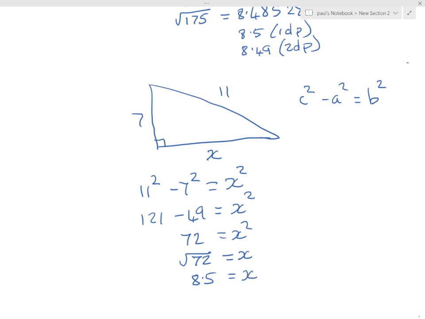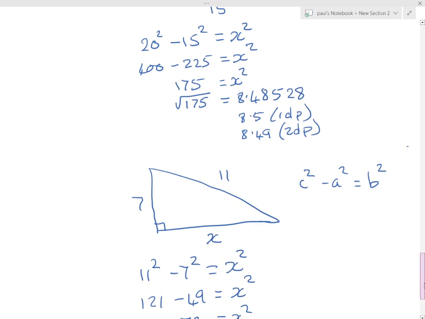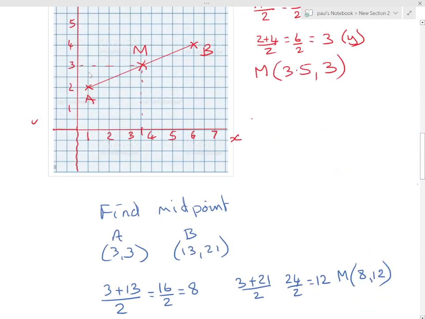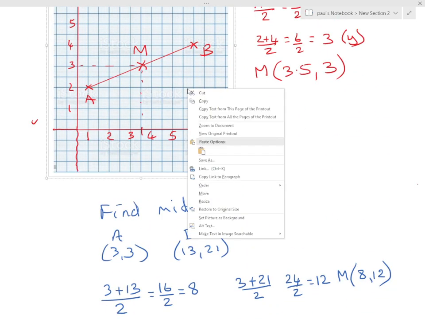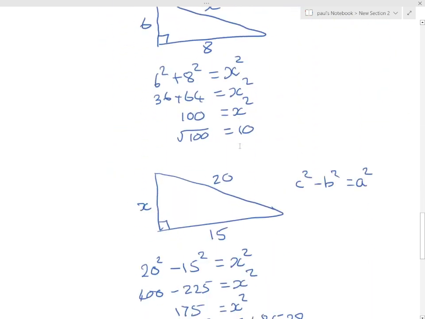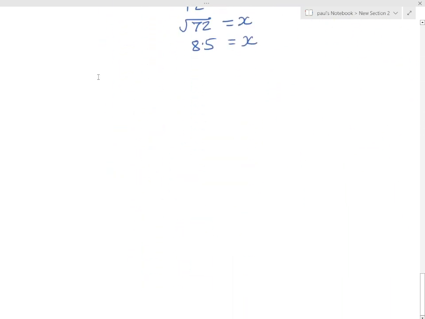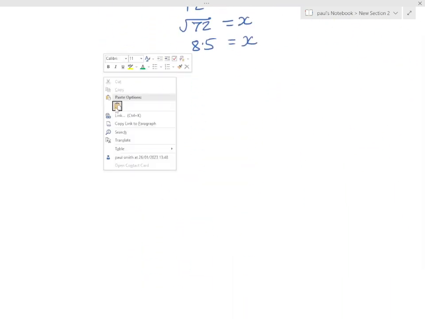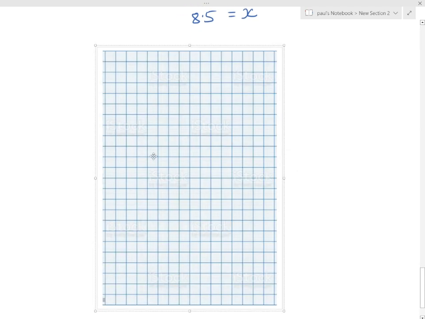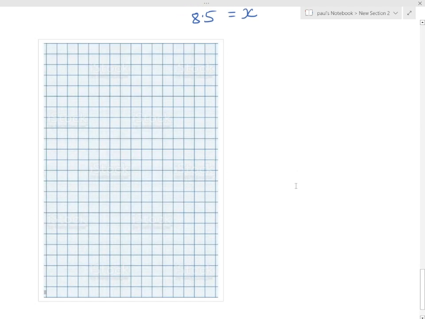Now what we need to do now is put this Pythagoras into practice with a graph. So let's copy that and stick that right down the bottom to where we are. Alright, so let's move it over there a little bit.